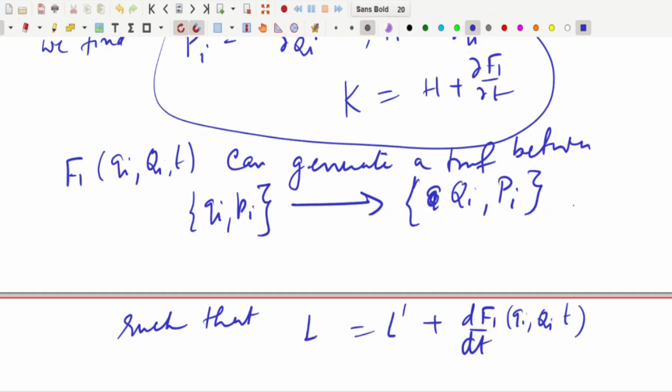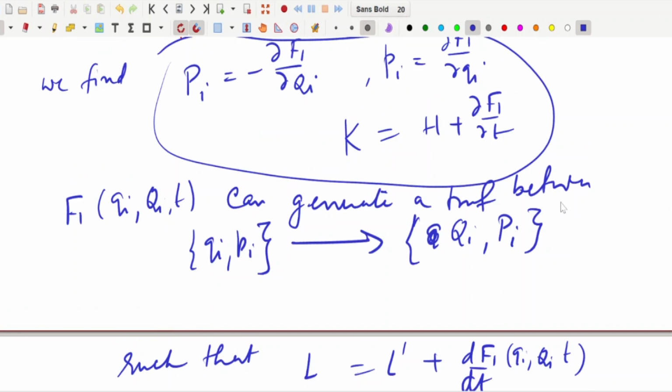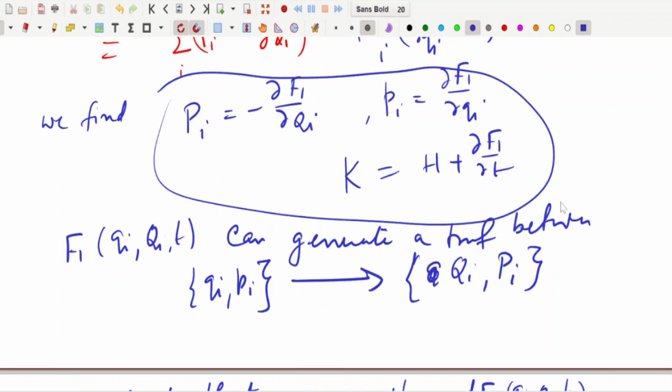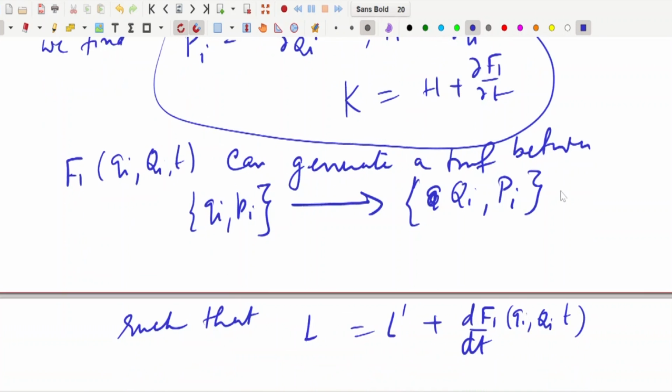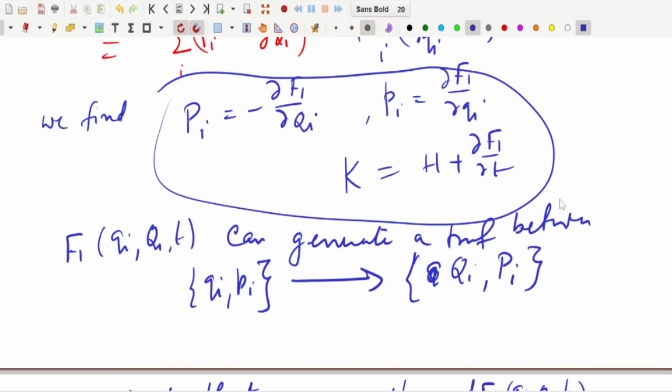I can go from L to L prime, Lagrangians connected by a gauge transformation, and we know those are equivalent. So we have found a generating function with these properties.